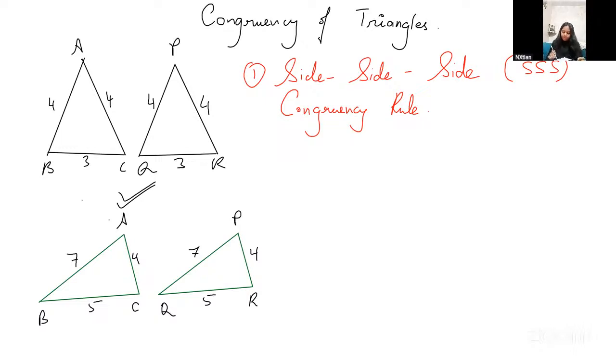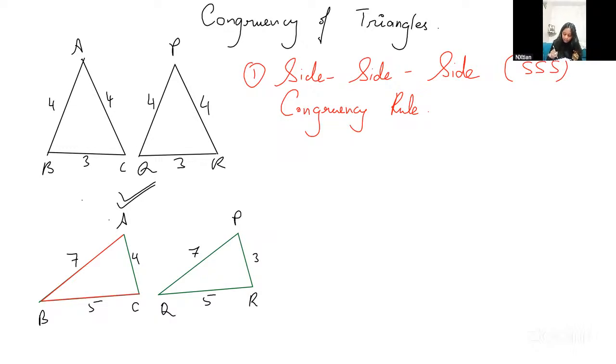Even if PR is 3, they are not congruent. Suppose I overlap it. I'm using red to overlap. PQ on AB, same size 7. QR on BC, same size 5.